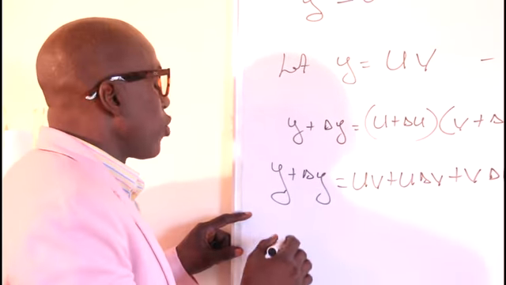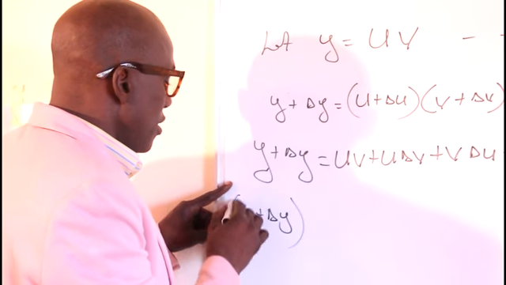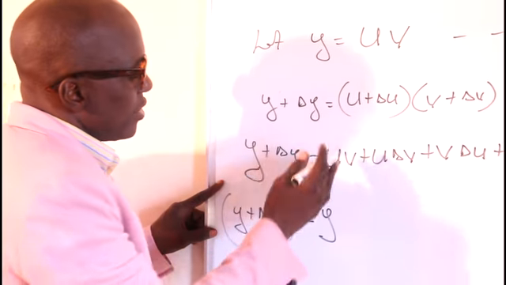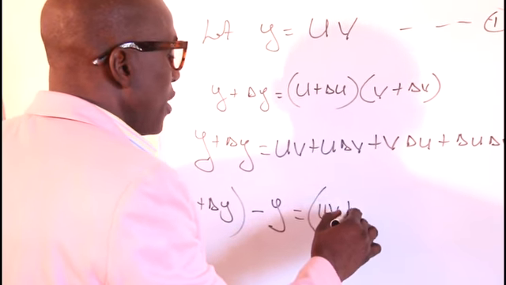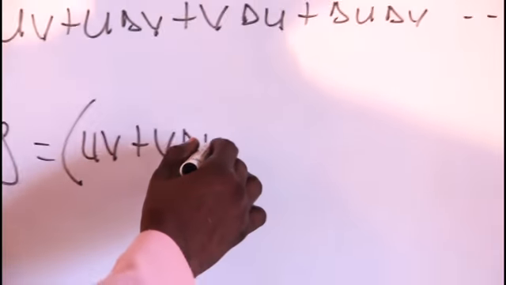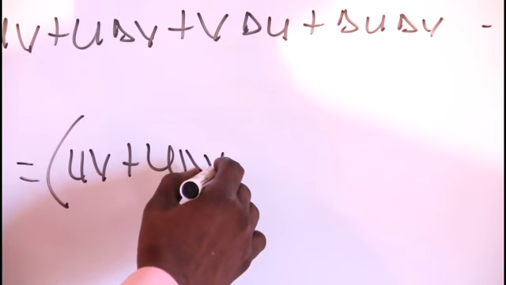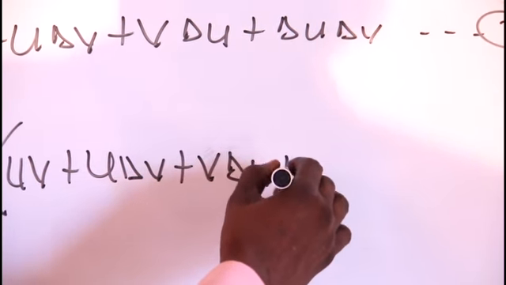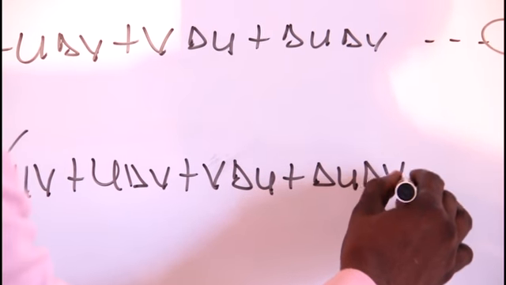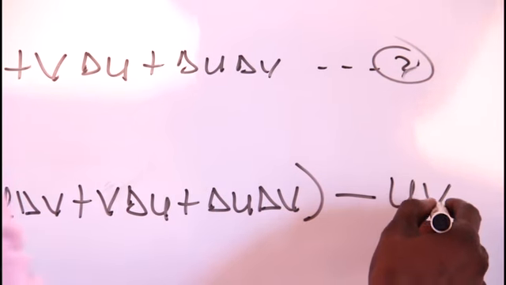Subtracting equation 1 from 2 gives y plus change in y minus y. That's my left-hand side. Then the right-hand side will be uv plus v change in v, plus u change in v, plus v change in u, plus change in u change in v, then minus uv.